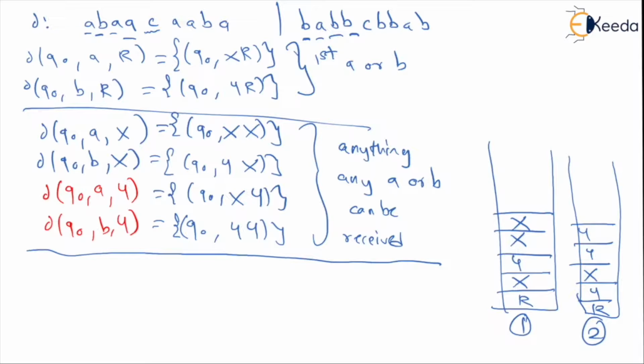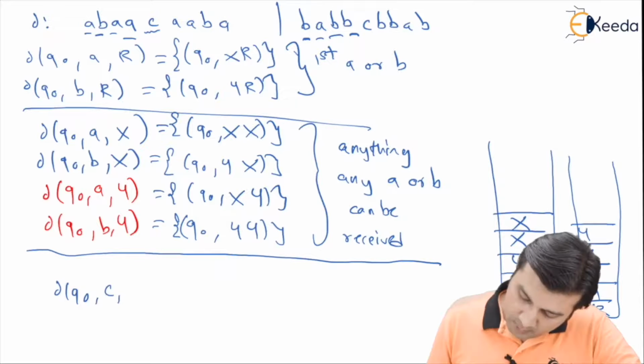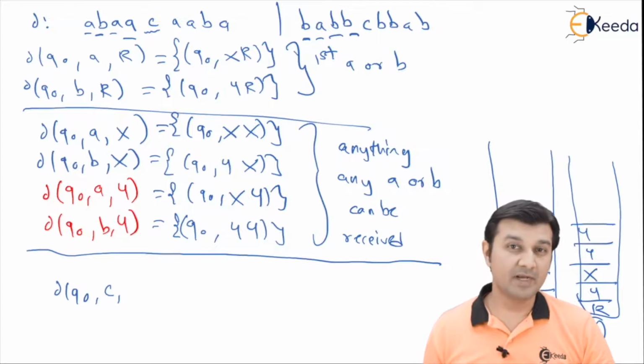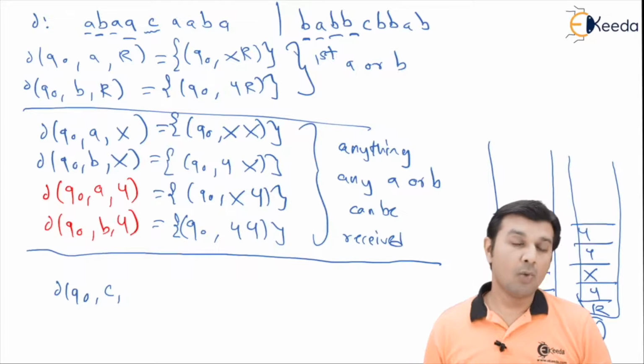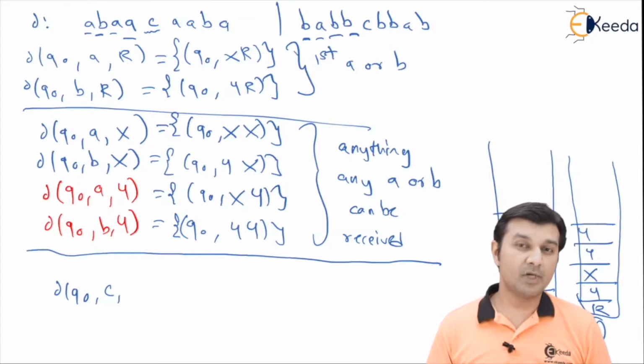Now after this we are going to go to the input of C, and we know that we have to bypass the C. And how do we bypass the C? Simply by a state change. So I have, in my state Q0, I am going to receive an input symbol C. But my friends, when I am receiving input symbol C, what could be the possible topmost symbol of the stack?